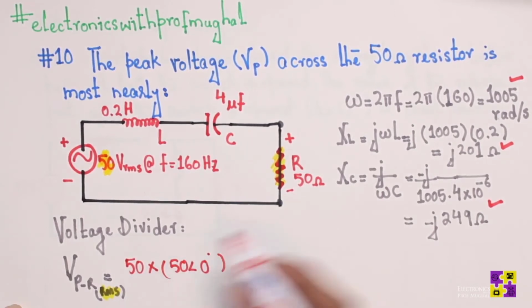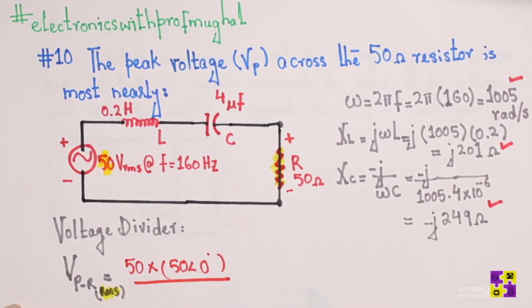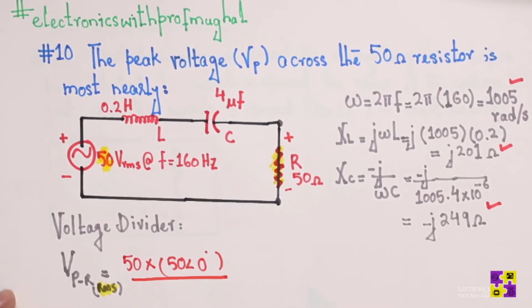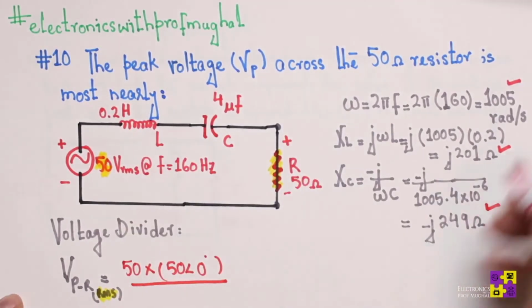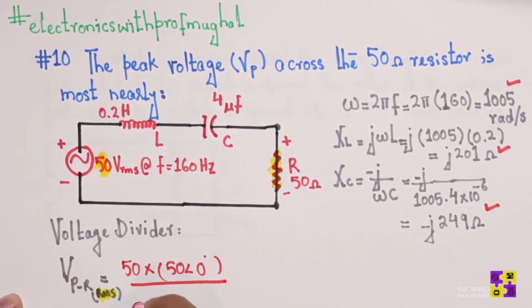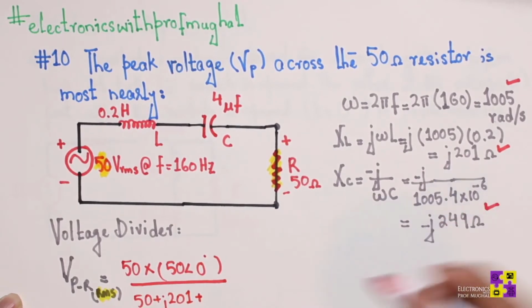And then this 50 ohm resistance is divided by the impedance of this whole network, which is basically the sum of all the impedances. So we have 50 plus j201, plus, actually this is going to be negative here, correct?